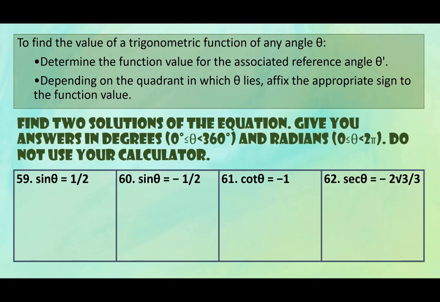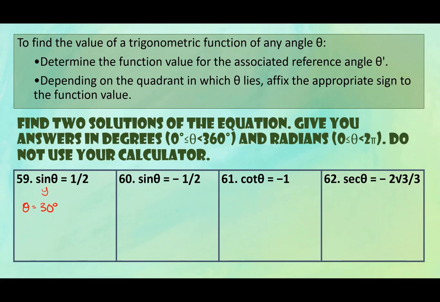Okay, so if you use your unit circle, we're looking for where sine of theta is equal to positive 1/2. If you look at the unit circle, we're looking to see where the y value is equal to 1/2. We can see that this is equal to 1/2 here at 30 degrees.